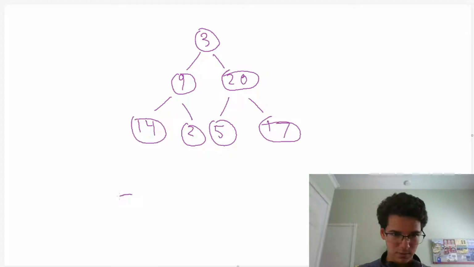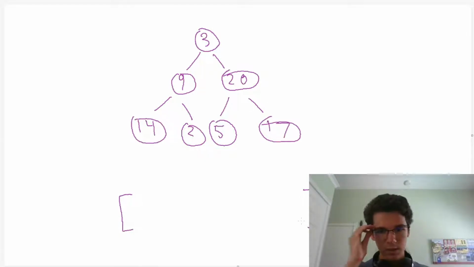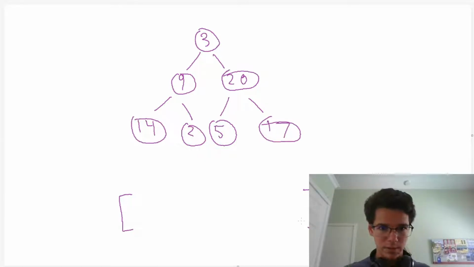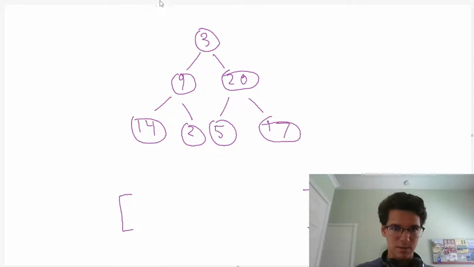So I'm just going to make this our queue. Right now we're just going to worry about visiting the nodes in the proper order. The way this works is we start by adding our root to the queue. So we're going to add 3 to the queue.